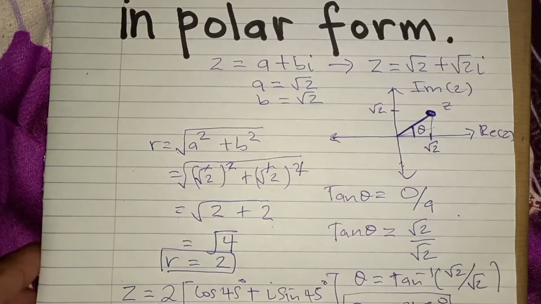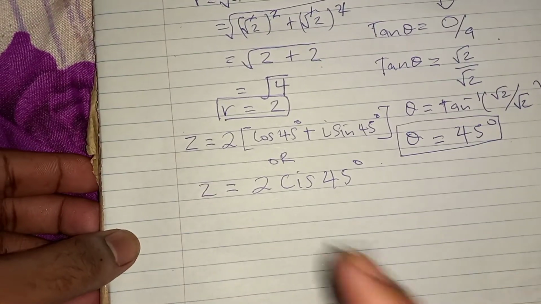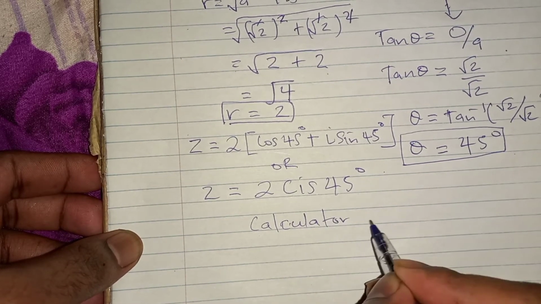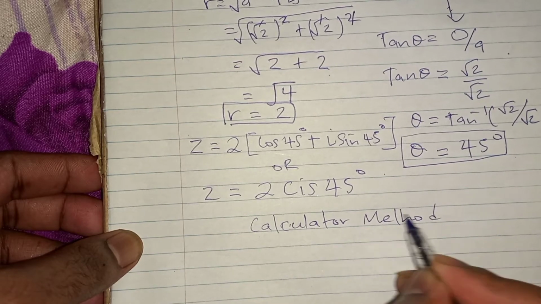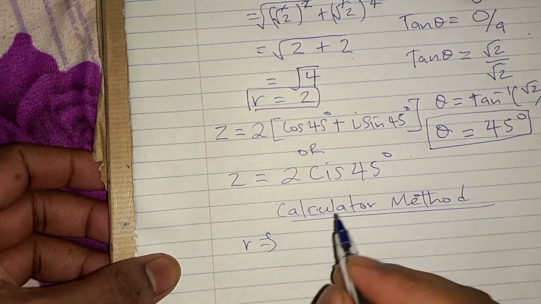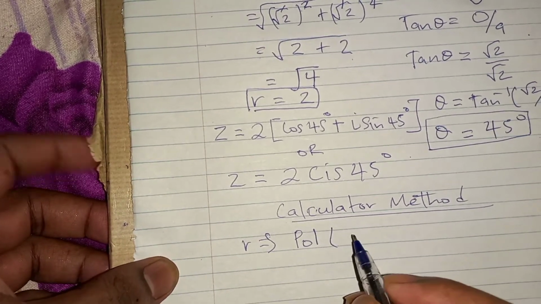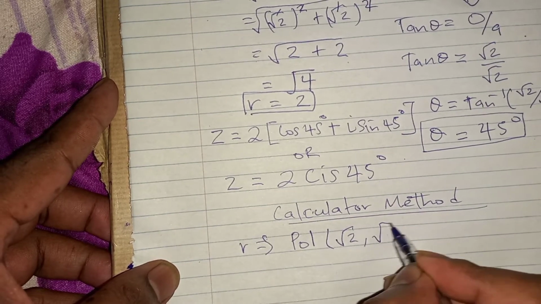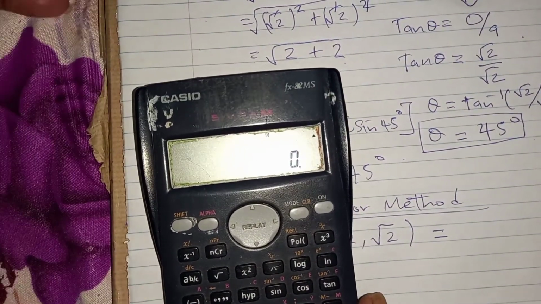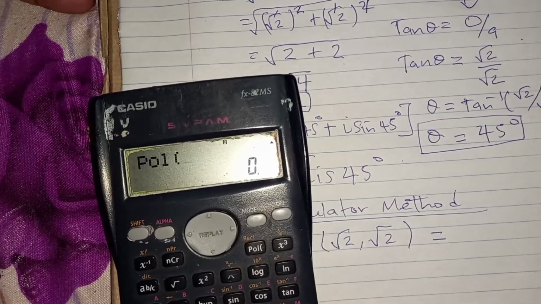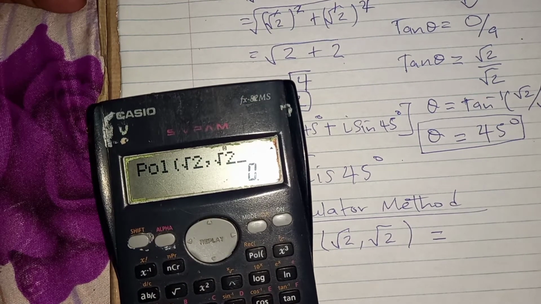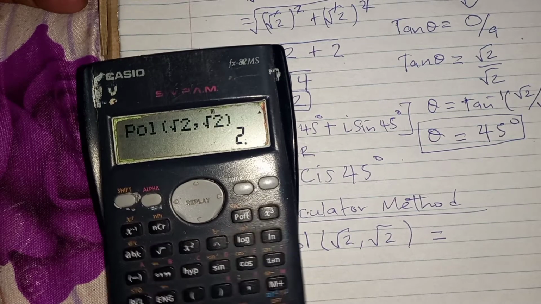Now this is the calculation method. Let's use the easy approach, the calculator method. To find the value of r, it will be POL open bracket root 2 comma root 2 close bracket, and then you press equals.